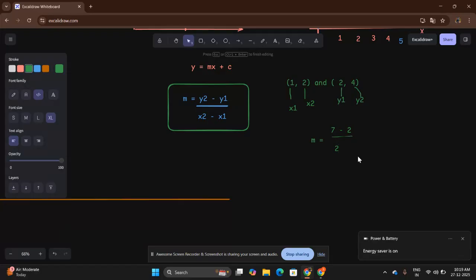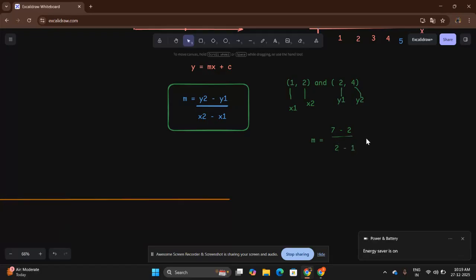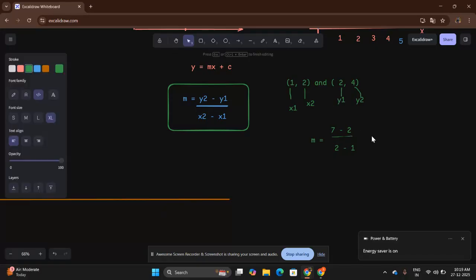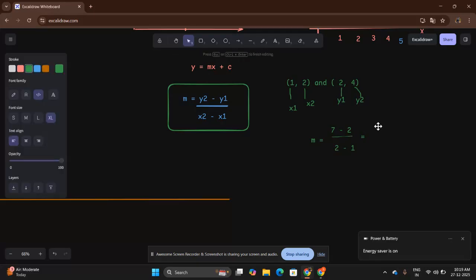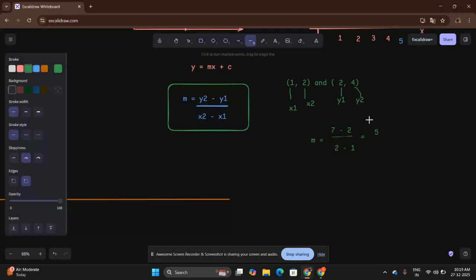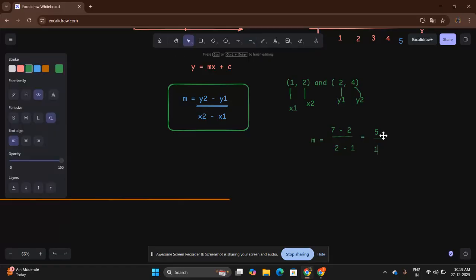So what's the outcome of it? Equal to 2 divided by 1. So its slope is 2.